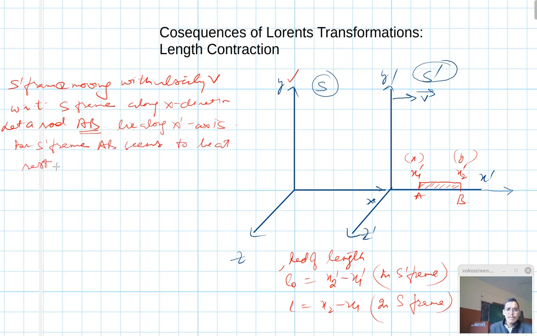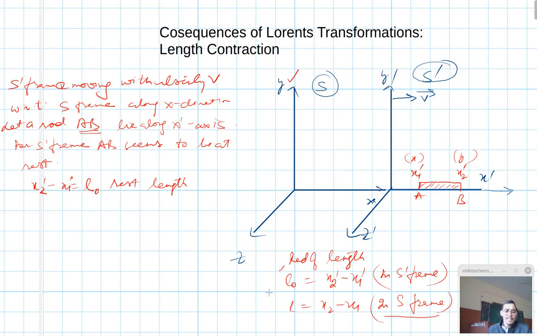And because the rod is moving with the same velocity with which the frame is moving, x2 prime minus x1 prime, as written here, is the rest length. It is the rest length, meaning the rod seems to be at rest, right? And in the other frame, the S frame, which is at rest, the rod seems to be moving with velocity v, so it is a moving length.